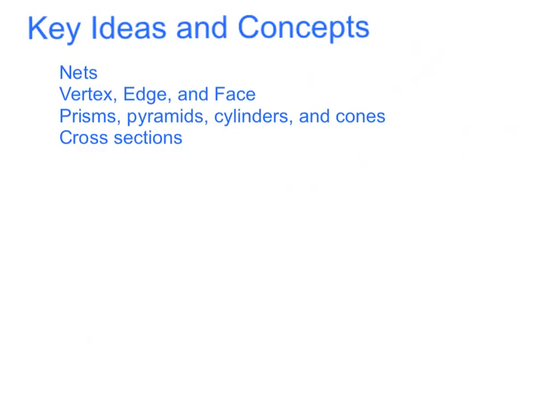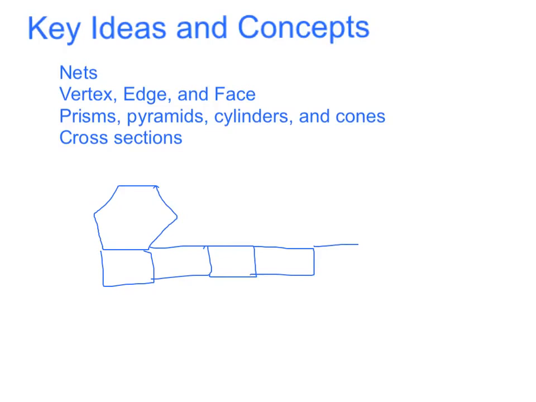Alright, the key ideas and concepts for this skill. We should be able to look at nets of three-dimensional figures and figure out what sort of shape they are. For example, here is a hexagonal shape. 5, 6.